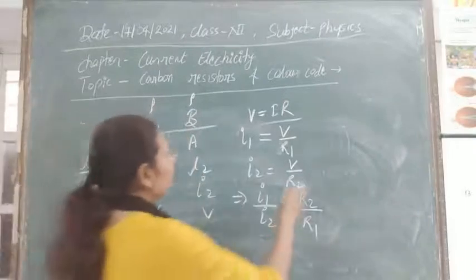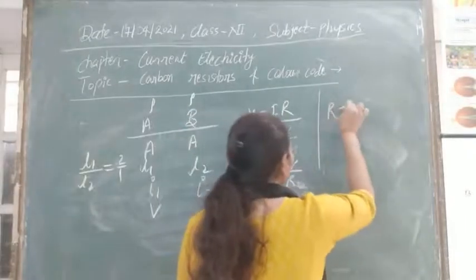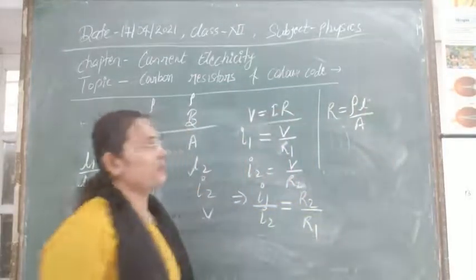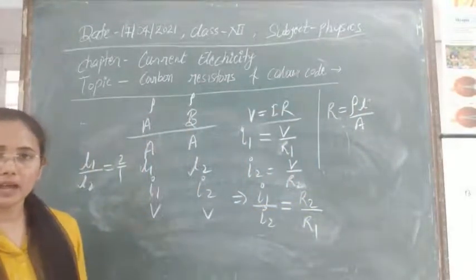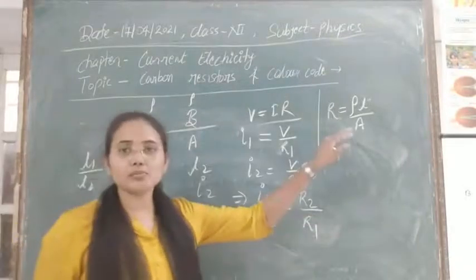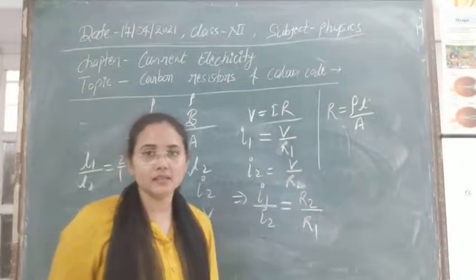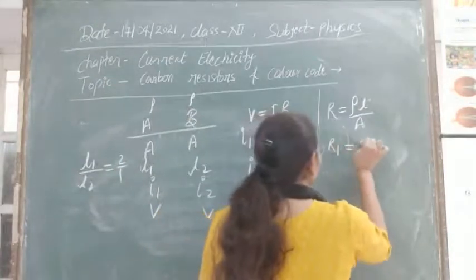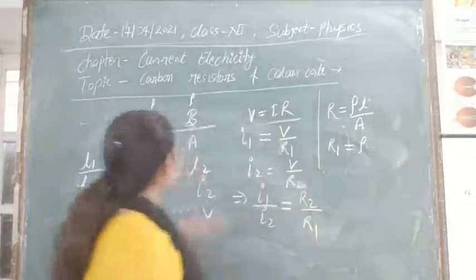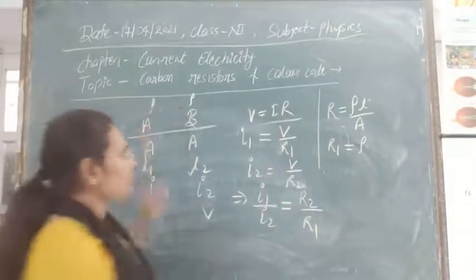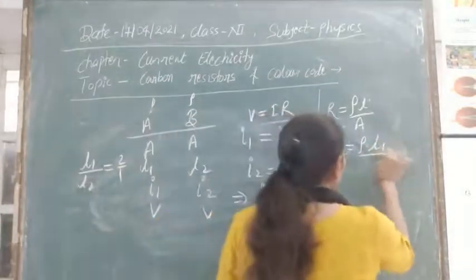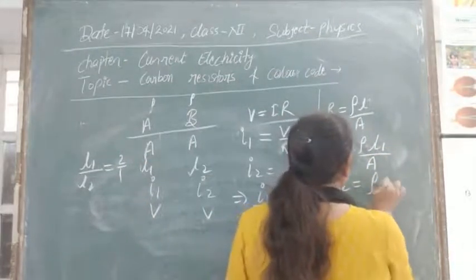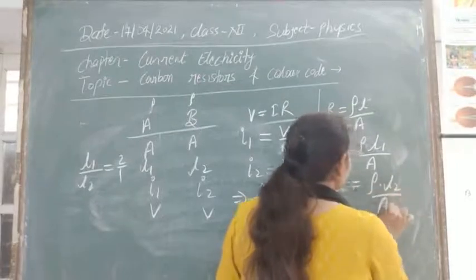As we know, resistance R is given by rho L upon A. This is the formula we obtained from the dependence of resistance on the factors of the wire. For R1, as the material is the same, the resistivity is the same, rho, the length is L1 and the area is the same, A. For R2, it is again rho, L2, and A.